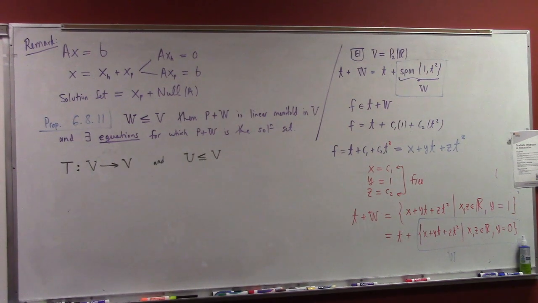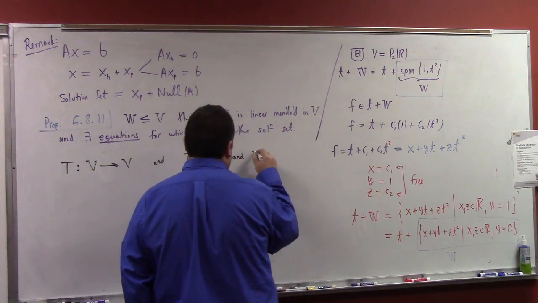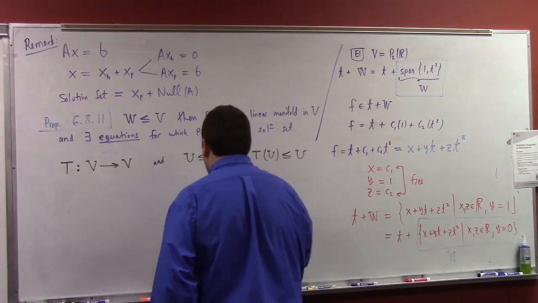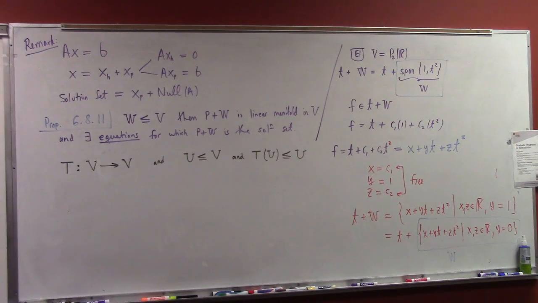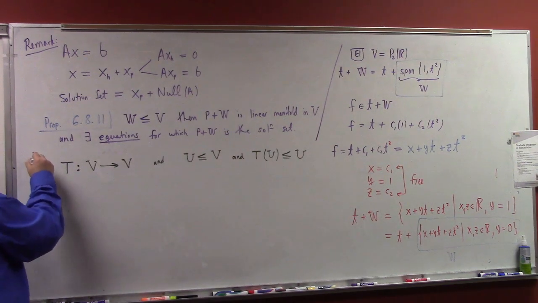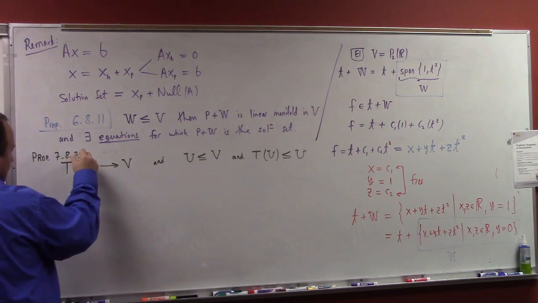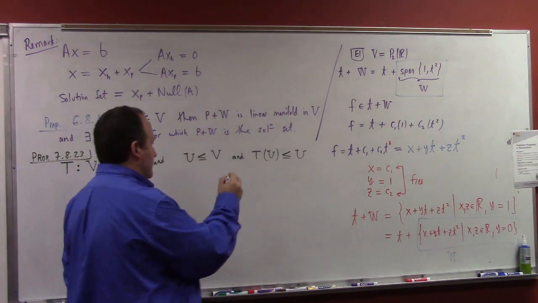It's what's known as an invariant subspace, an invariant subspace of T. What that means is that T of U is back into U again. So this is my proposition 7.8.23 in my 2019 linear notes. This makes U what's called an invariant subspace.